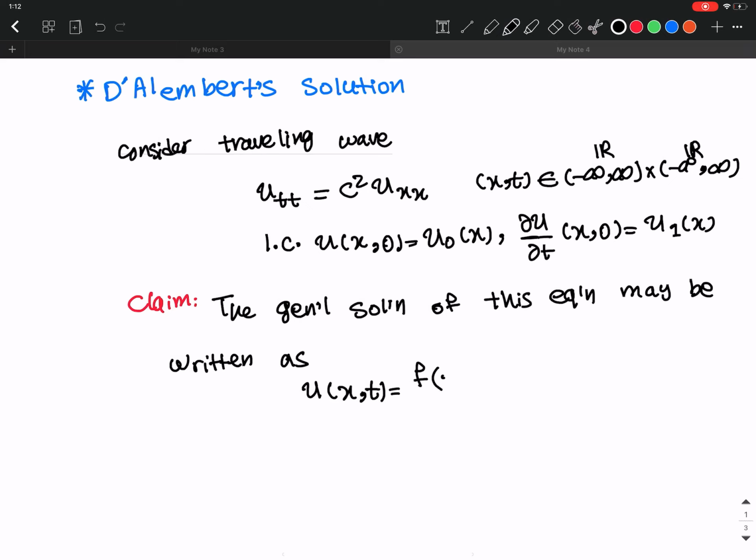One function f(x minus ct) plus g(x plus ct).